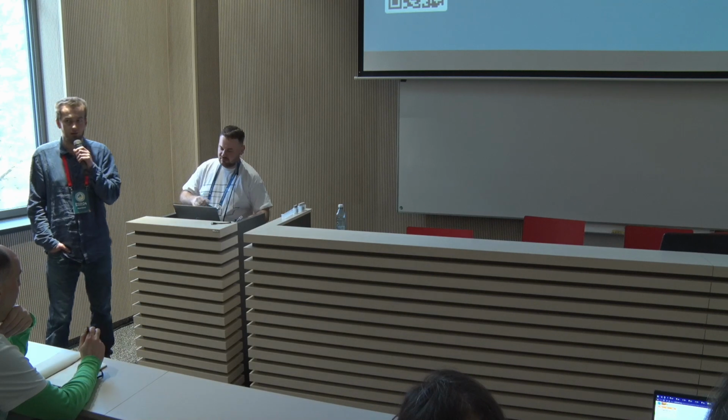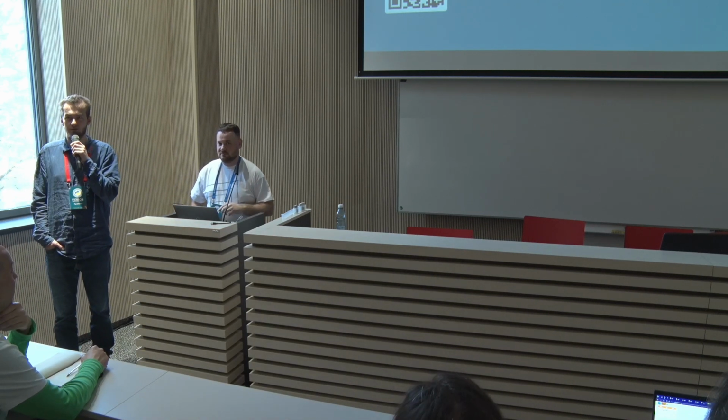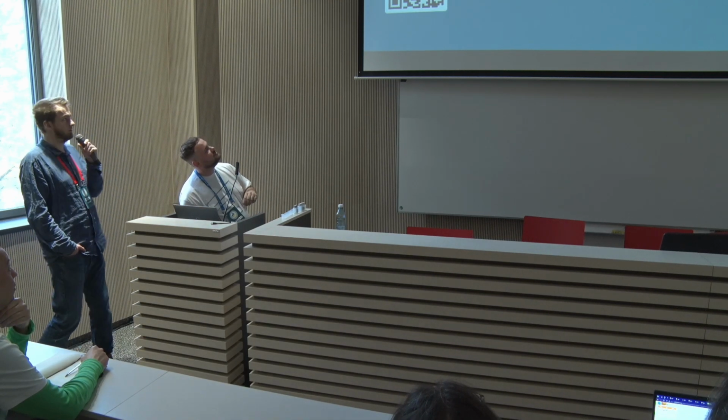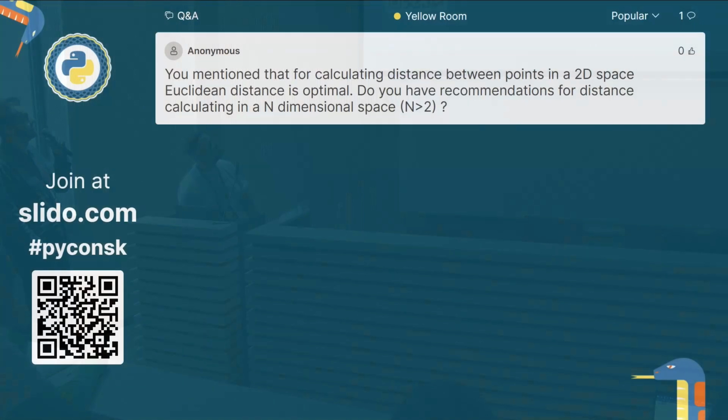Thanks. Any other questions? There is a person showing me that, yes, you mentioned that for calculating distance between points in a two-dimensional space, Euclidean distance is optimal. Do you have recommendations for distance calculation in an n-dimensional space?